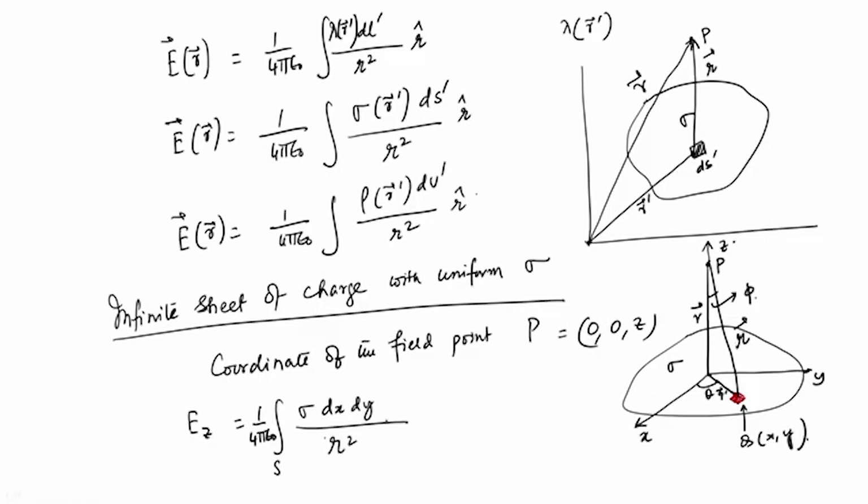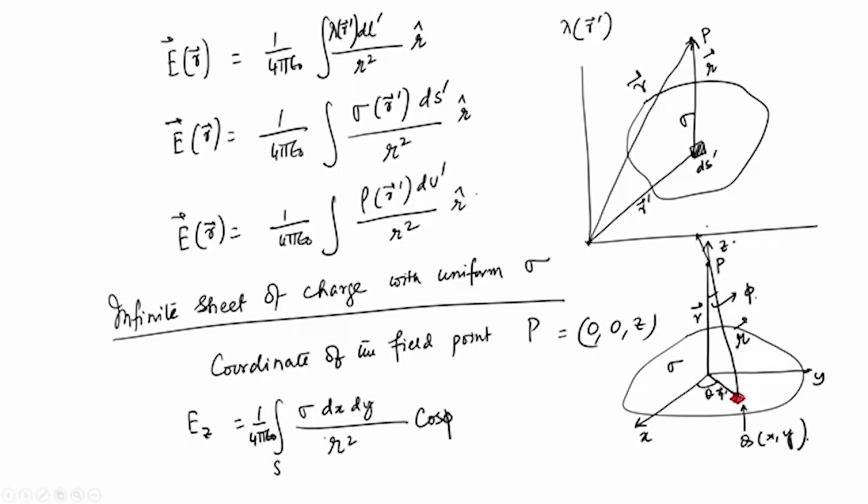And now because it is on the z axis, this angle is phi. So the z direction will be along the cos phi, because for this element it will be along that line.